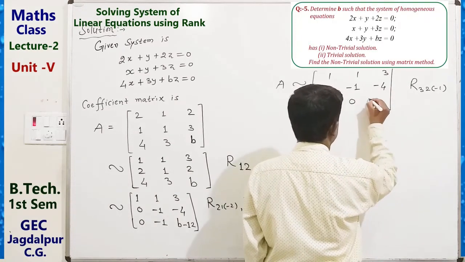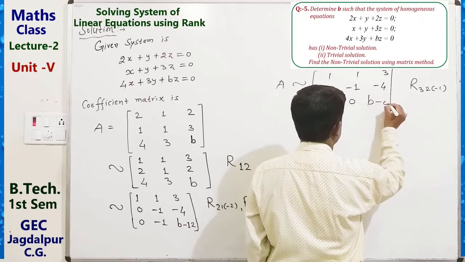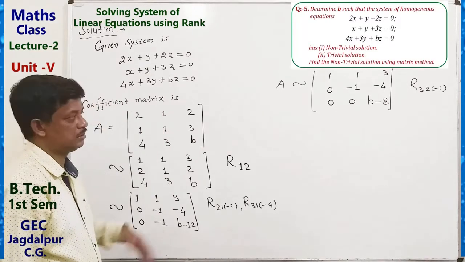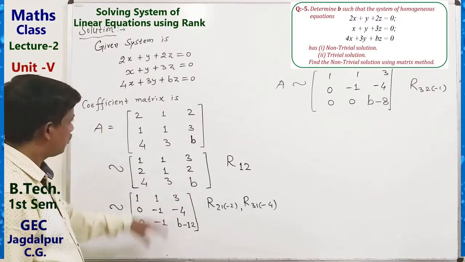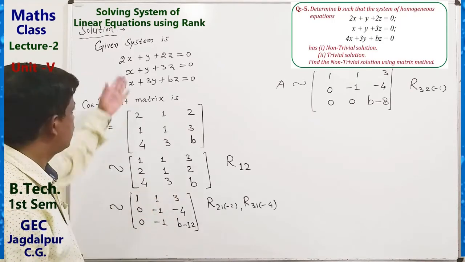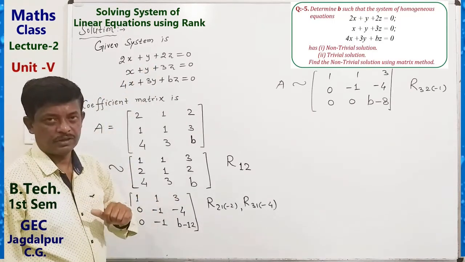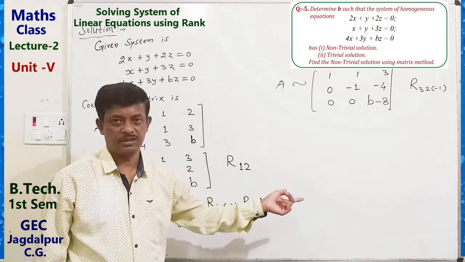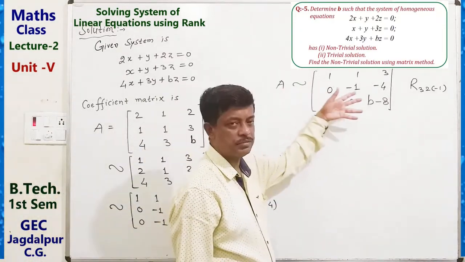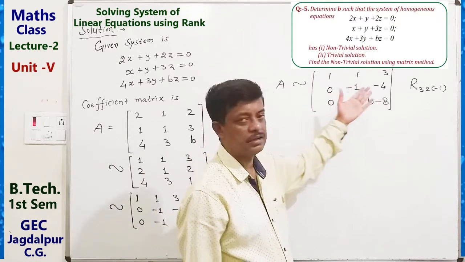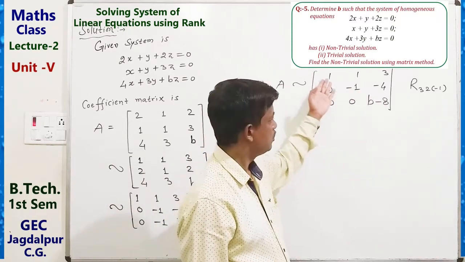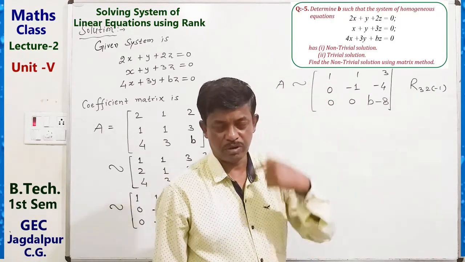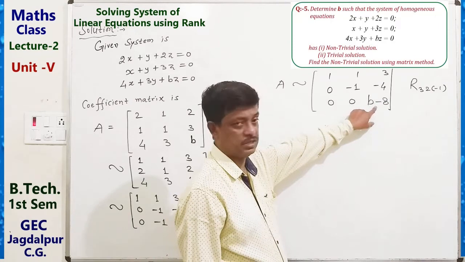Now we can see that for a non-trivial solution, the number of unknowns is 3, so rank should be less than 3. For that, the rank must be 2, so the number of non-zero rows should be 2. So for that this will be 0.